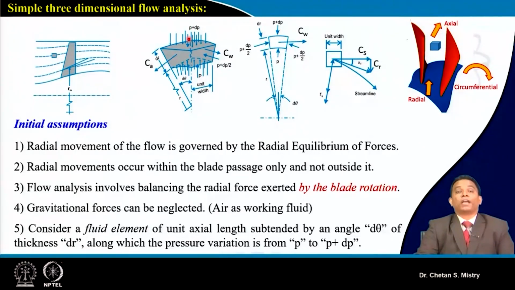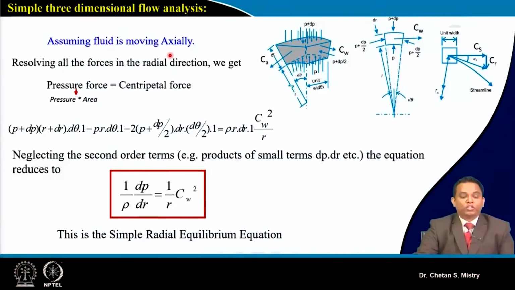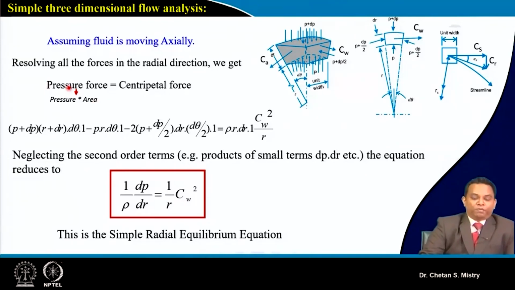Now we will try to balance the force in radial direction. If we assume our flow to be moving in axial direction, and if we resolve our force component in radial direction, we can say my pressure force needs to be balanced by my centripetal force.